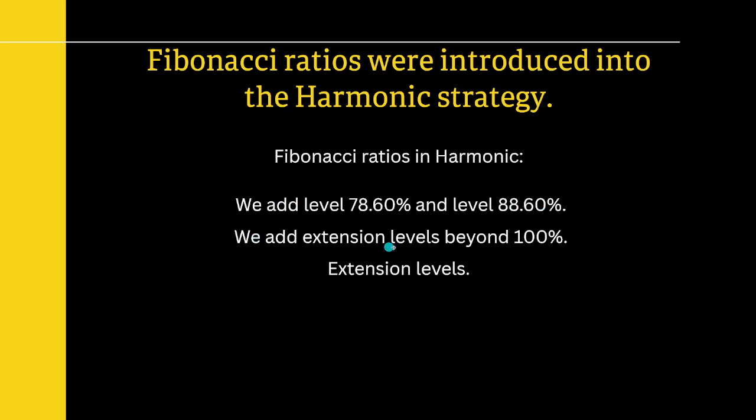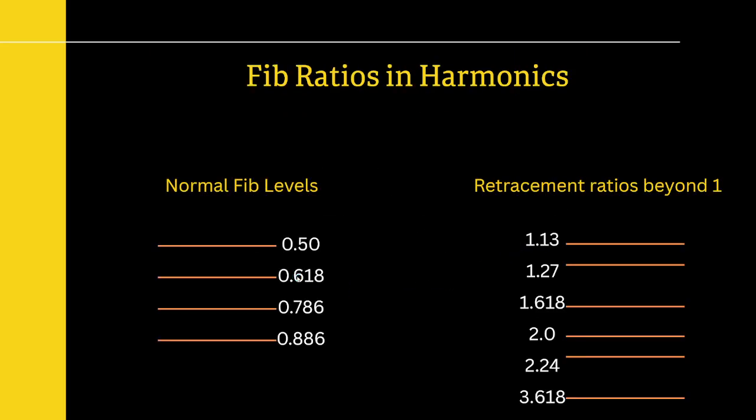Also, we add extension levels beyond 100%, and here are the fib levels that you need. Of course, we all use these already, except for the 0.886. We all have the 0.5, the 0.618, and the 0.786. When we took the Fibonacci lecture, we covered the main Fibonacci levels that you need in order to identify where a retracement may land and pull back to.